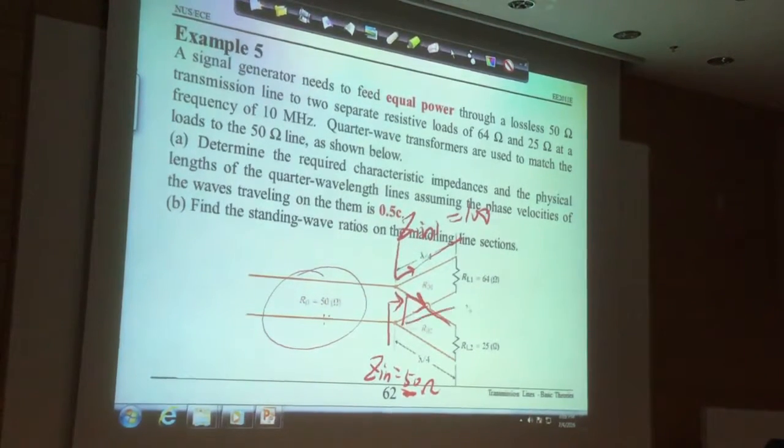For this Z in 2, Z in 2 is here actually. Z in 2 is also equal to 100 ohm. Z in 1 is this part, right?